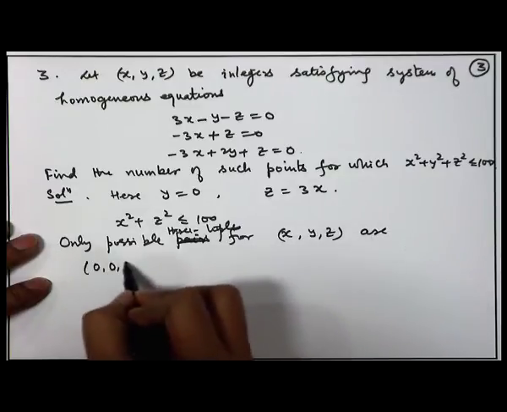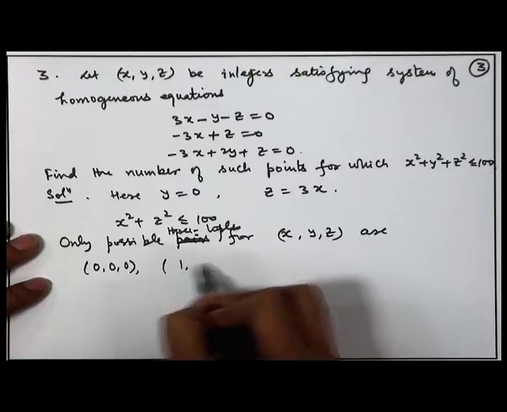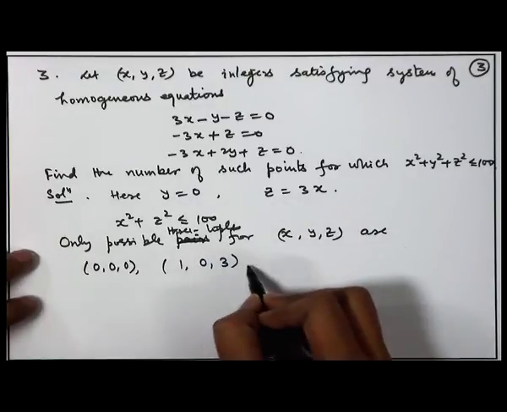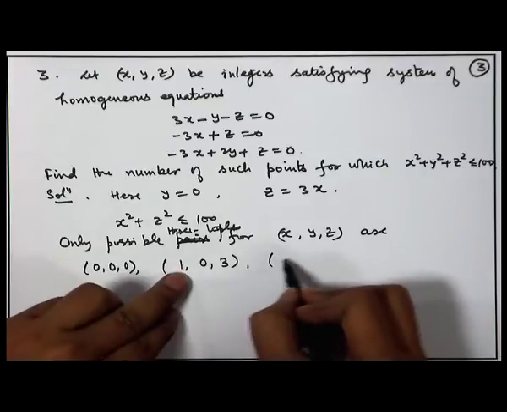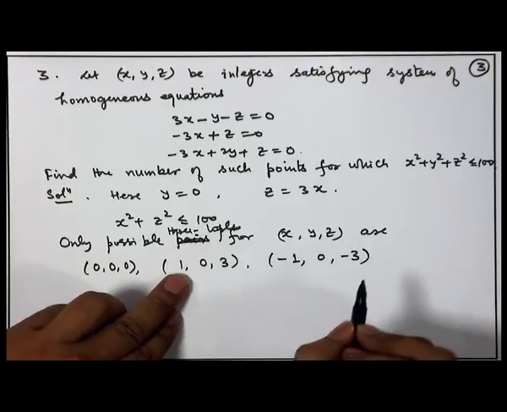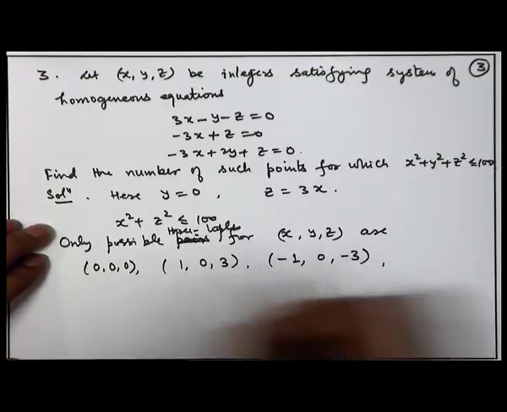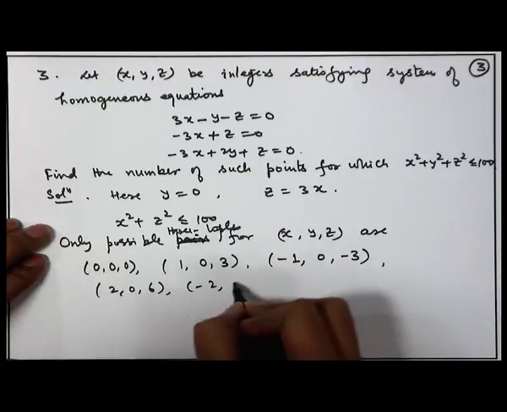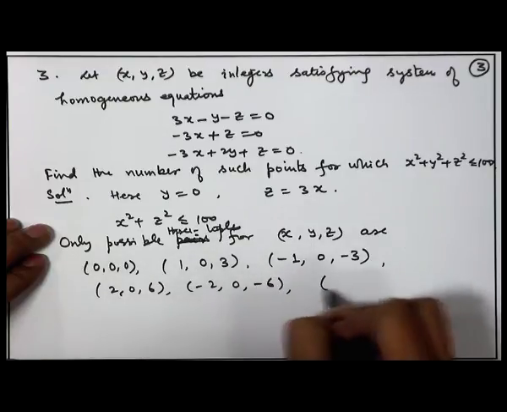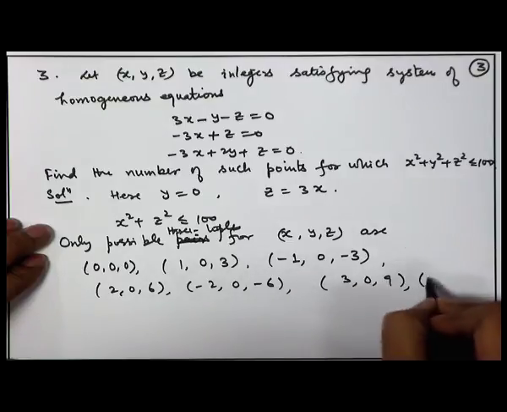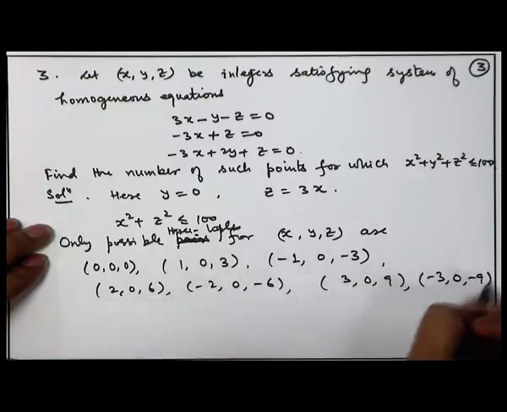Obviously 0 0 0 is one solution, and then you can have x is equal to 1. So, z will become 3, and whatever value you take, you can take the negative of that also. So, minus 1 0 minus 3 will also be one of the solutions, and then you can have 2 0 6. Therefore, minus 2 0 minus 6 and 3 0 9, and therefore, minus 3 0 minus 9.